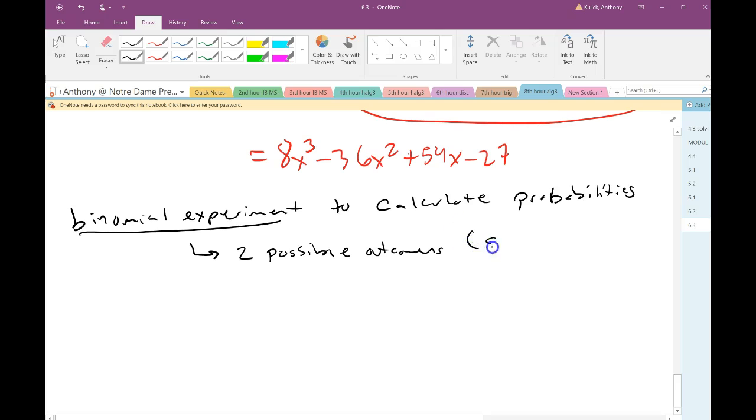Success or failure. So think about flipping a coin, either it lands heads or tails. There's only two possible outcomes for that. Or if you're playing a slot machine, you either win or you don't. So things like this, right? There's just two outcomes, success or failure.